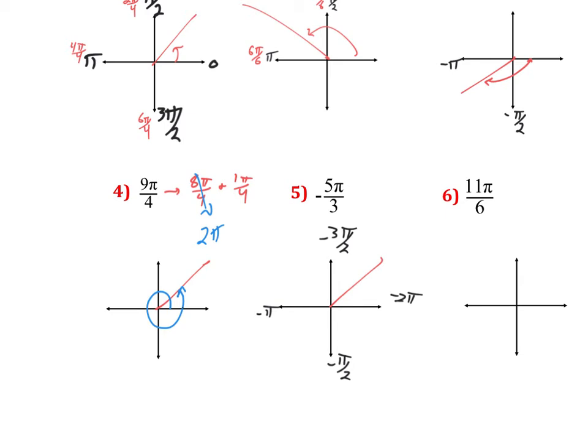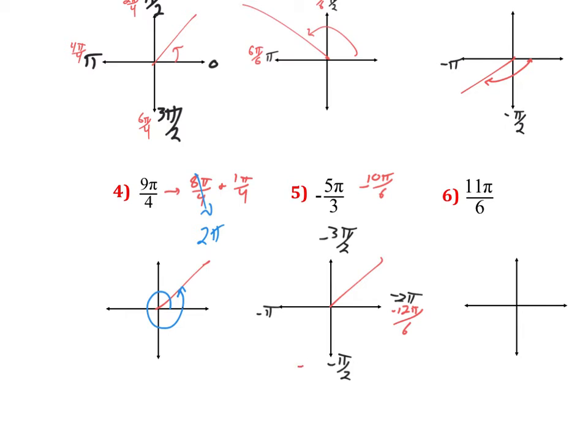One way to think of this is make them have a common denominator of 6. So I could think of negative 5 pi over 3 as being negative 10 pi over 6. I could say negative 2 pi is negative 12 pi over 6.